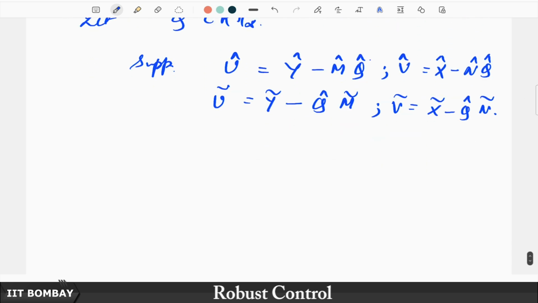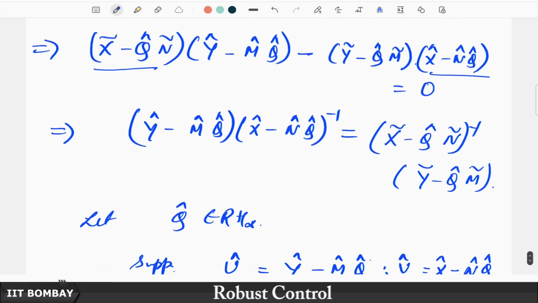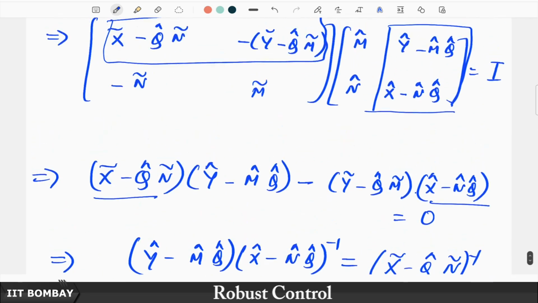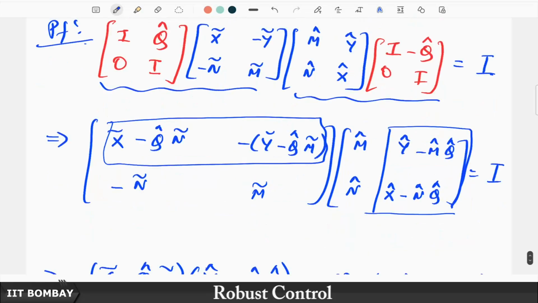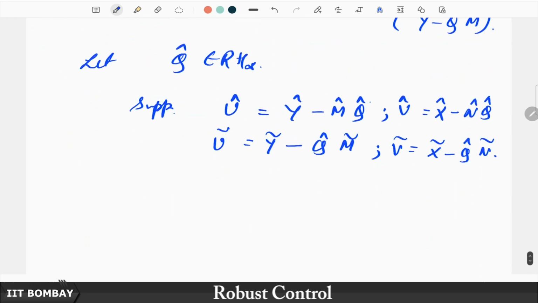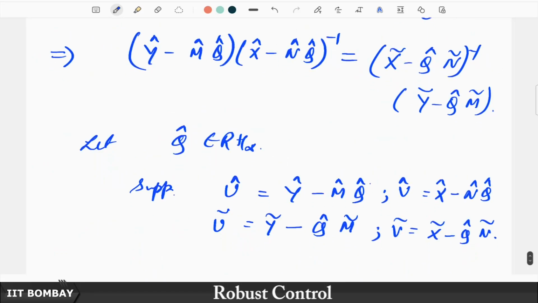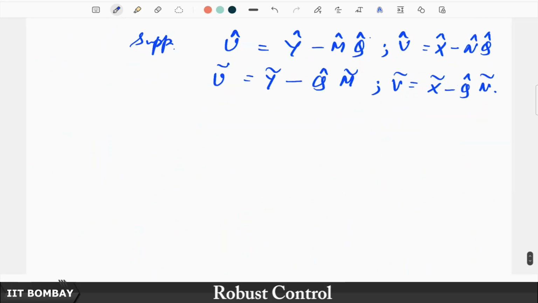Okay. Then what happens? From this relation that we put in, if we just substitute in terms of the new variables that we have defined, what we shall be getting is, n tilde, m tilde remain as they are, it is only the new variables that come in.